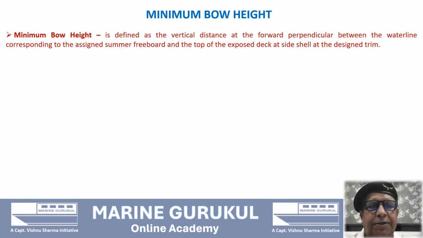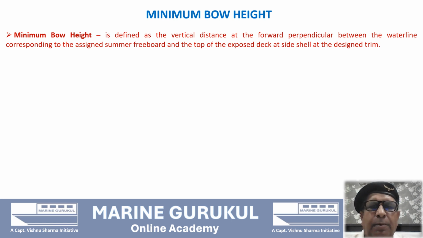Minimum bow height. Minimum bow height is defined as the vertical distance at the forward perpendicular between the waterline of the vessel at assigned summer freeboard and the top of the exposed deck at the side shell, and at the vessel's design trim.